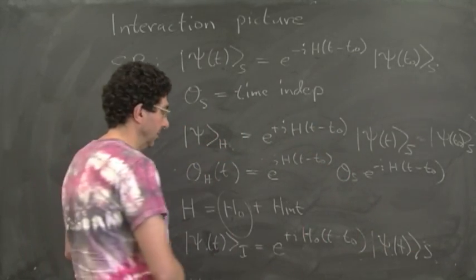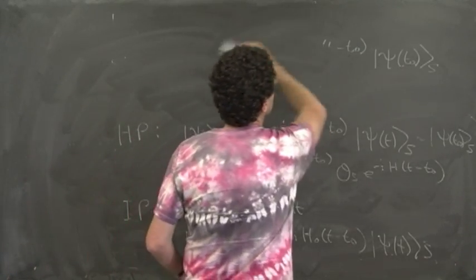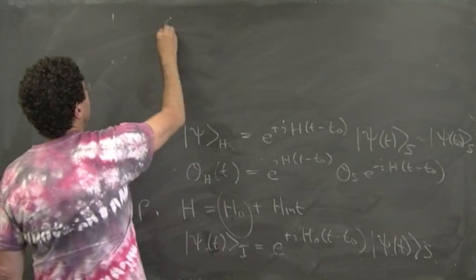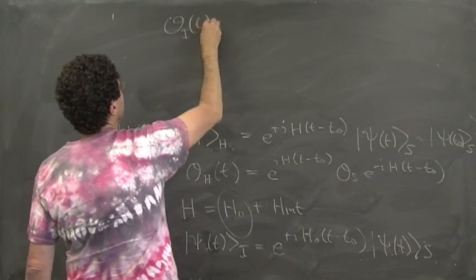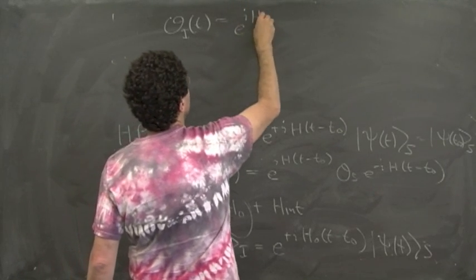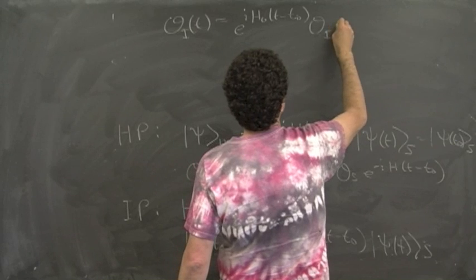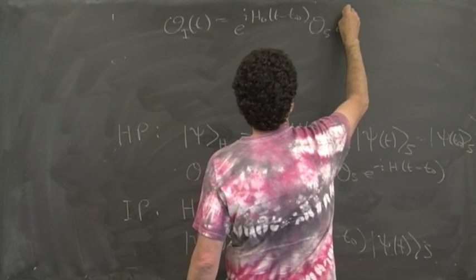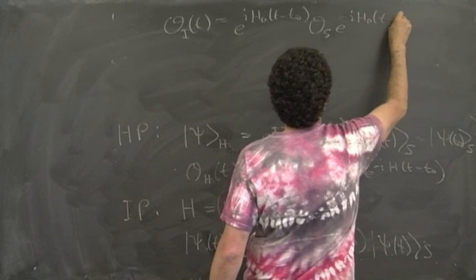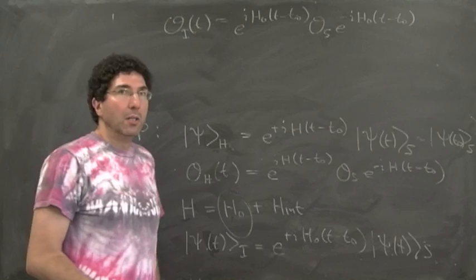And then to keep the operator matrix elements the same, the interaction picture operator has got to be conjugated in the compatible way, of Schrodinger, e to the minus i H naught (t minus t naught).